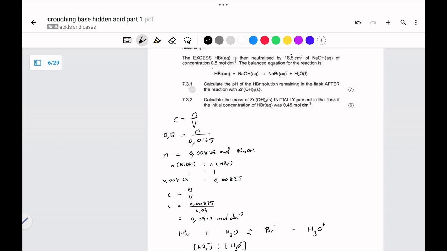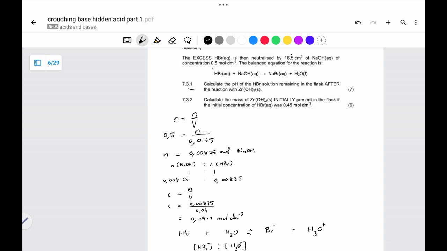This step here in 731, although the aim was to get us to calculate a pH, we still calculated the number of moles of HBr that remained after the reaction with zinc hydroxide. So that gave us the final state of the HBr solution.